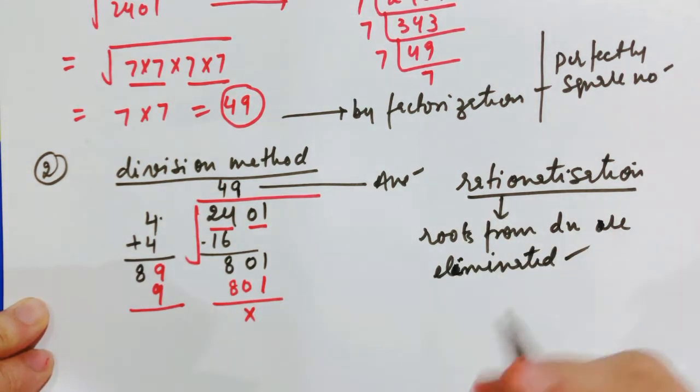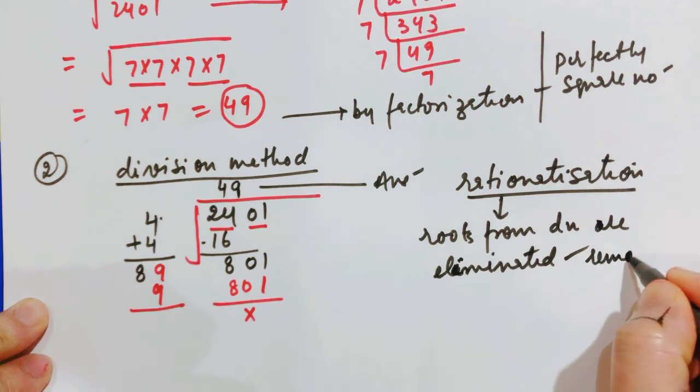Rationalization means roots from the denominator are eliminated, meaning removed.